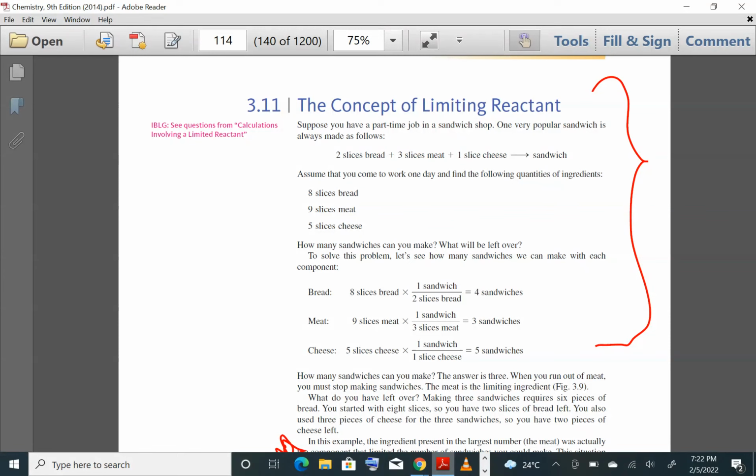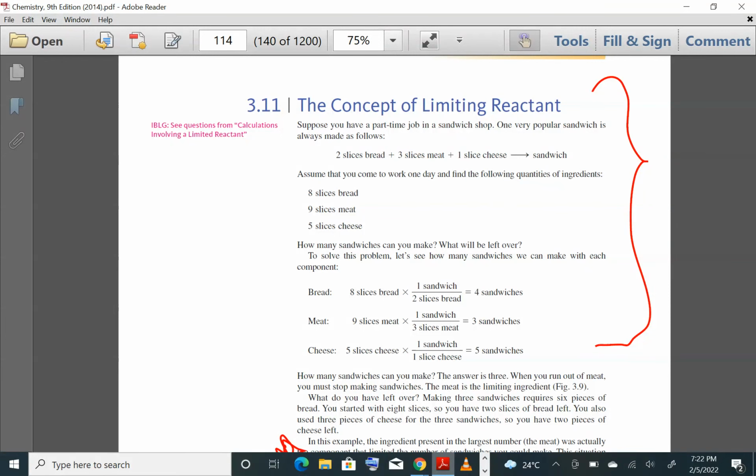Even though you can make 5 sandwiches using the cheese, with bread you can only make 4 sandwiches, however the meat is only allowing you to make 3 sandwiches.